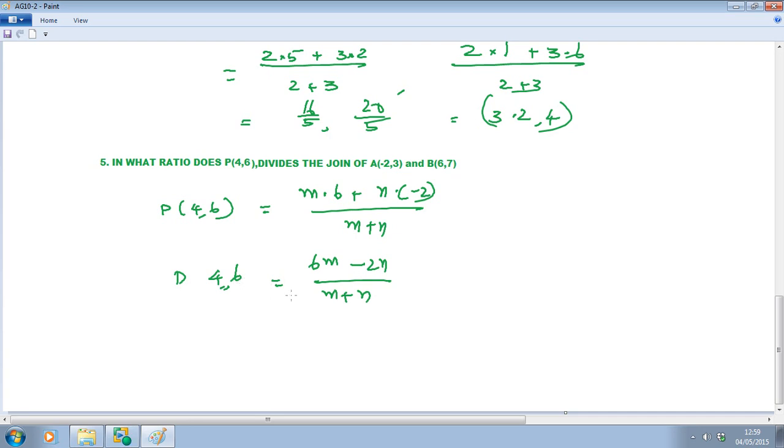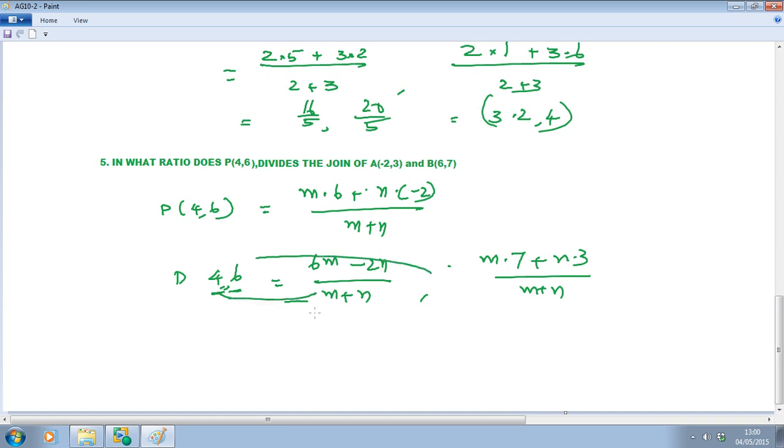So we know the point P is (4, 6). So we have to cross multiply. This is the X point, X point is 4. This is the Y point. Similarly, we can find the Y point, which is M into 7 plus N into 3 divided by M plus N. So we'll equate these two.